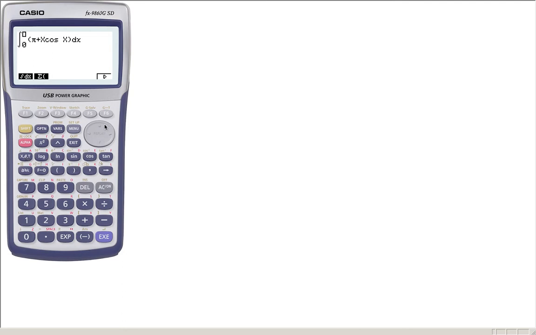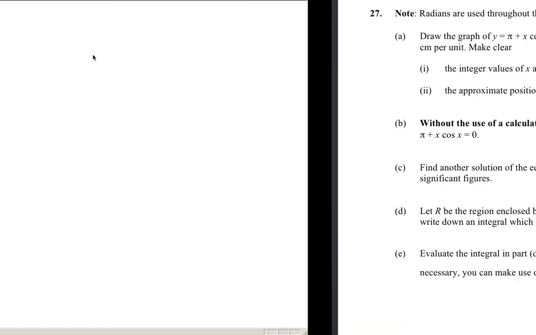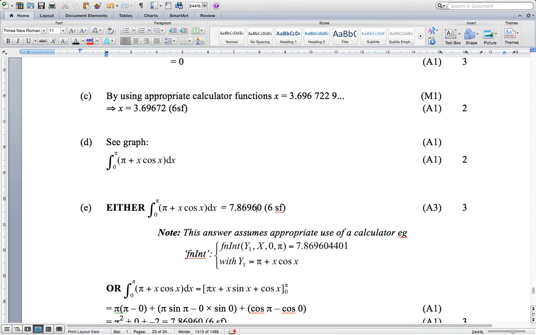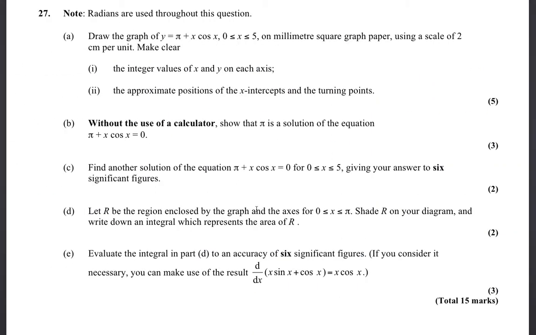So 0 to 3.14, right? 0 to pi. Shift pi. So the answer is 7.86960. That's fine. Good.